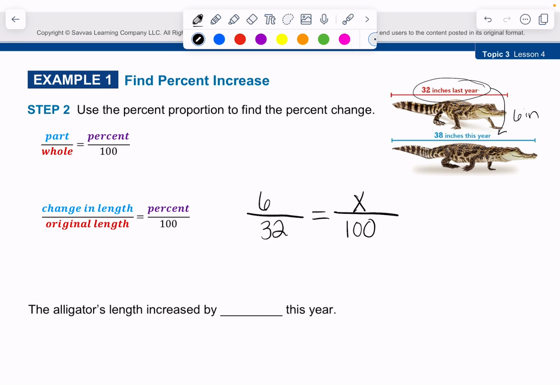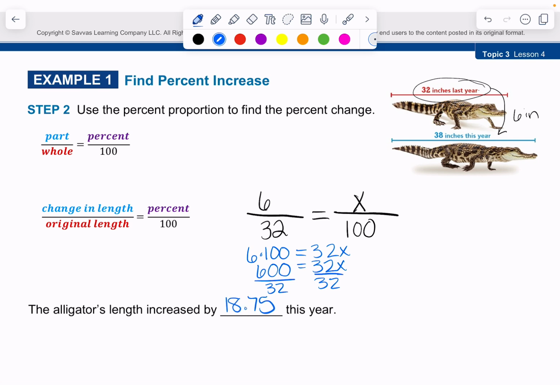Remember, there's a variety of ways you might choose to solve your proportion. One strategy is cross products. 6 times 100 equals 32 times x, so we divide 600 by 32 to find that x equals 18.75.